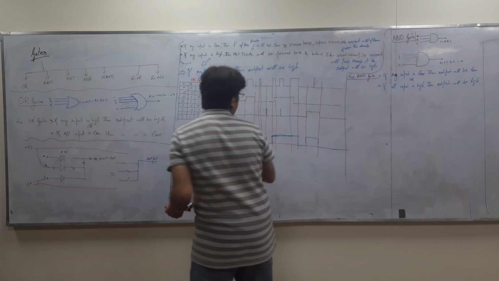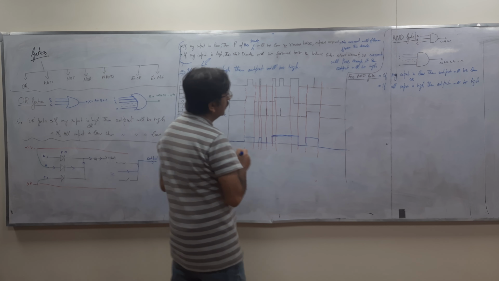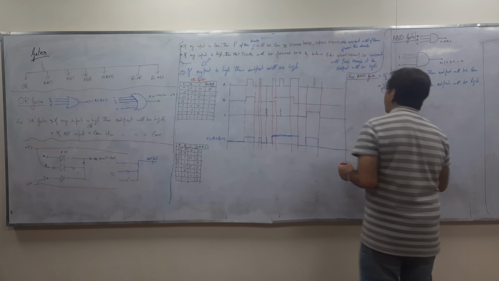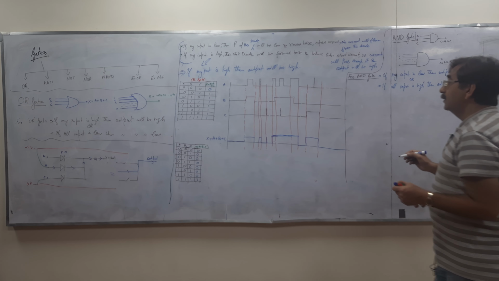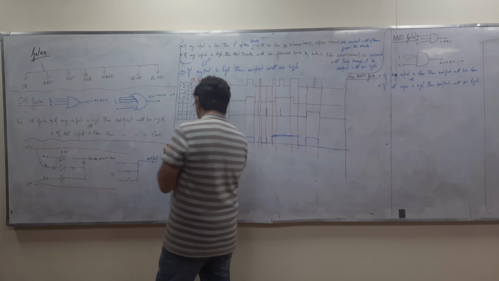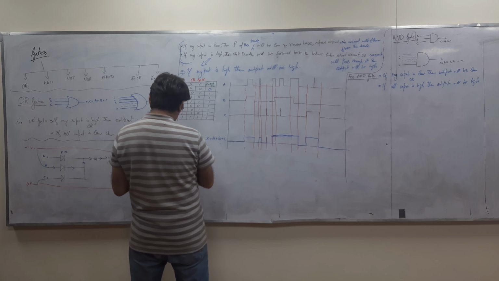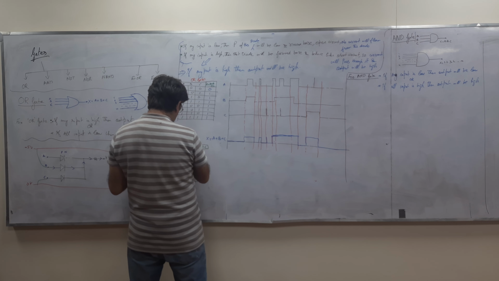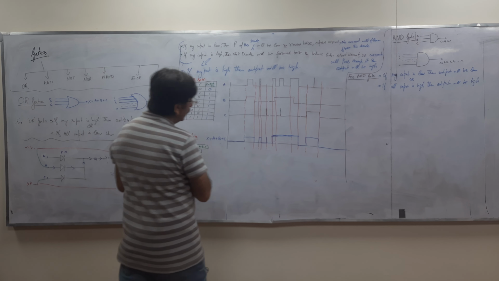Okay. If any input is low, then the output will be low. So, this will be the truth table for that, which was the OR gate, and that is for the AND gate.